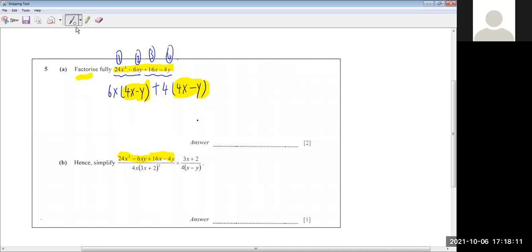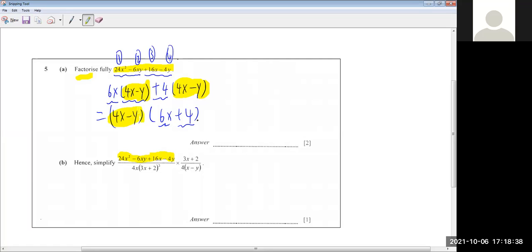So you can take out this 4x minus y because it's common among these two. So you will end up with 6x plus 4, after taking out the 4x minus y. So this is the answer.